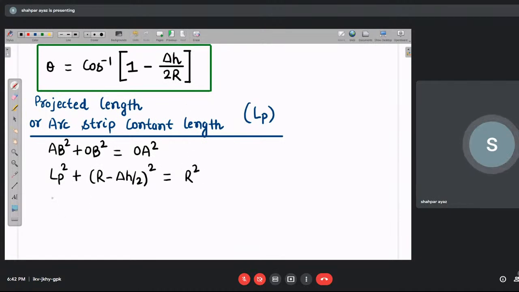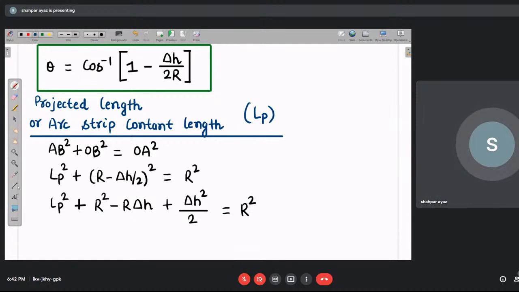If we calculate this, it is going to be R square minus R delta H plus delta H square by 4, plus LP square, equals R square. R square cancels here, so LP square can be written as R delta H minus delta H square by 4.